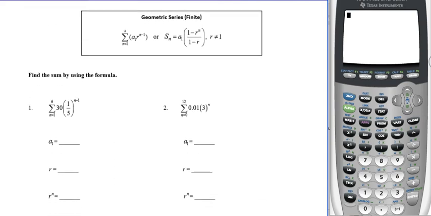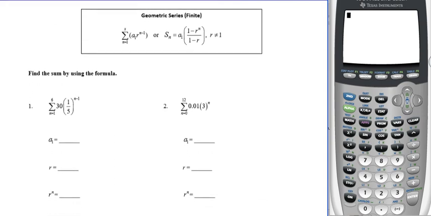So, the first thing we have here is a couple different formulas, a couple different ways of thinking about this. Just like with the arithmetic series, we had sigma notation. So here's our sigma notation, all right?